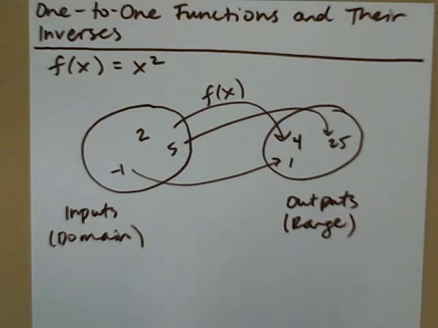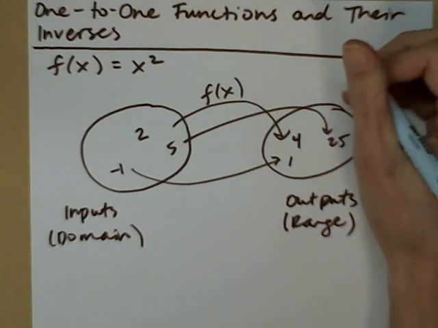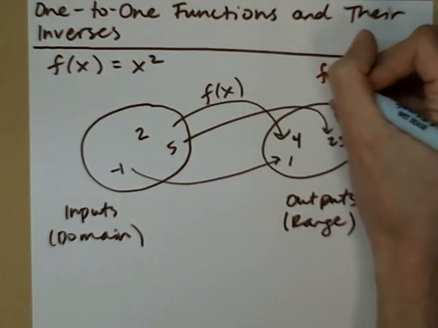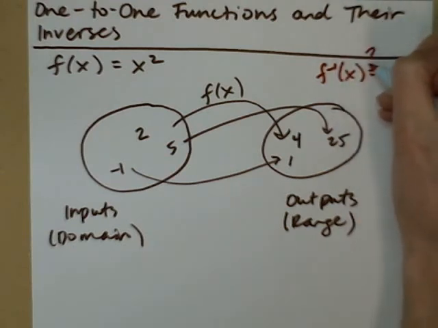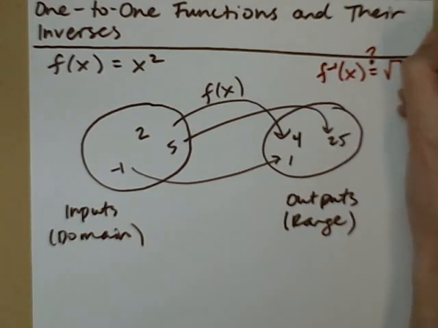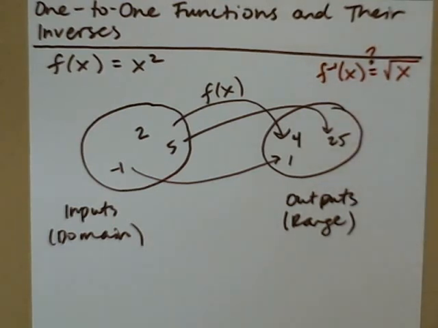If I want to apply f inverse to undo this, I would think about f inverse. Let's see, what would undo a power 2? That would be a square root. So I'm going to put a question mark here because we're going to see why it doesn't work as its inverse function.